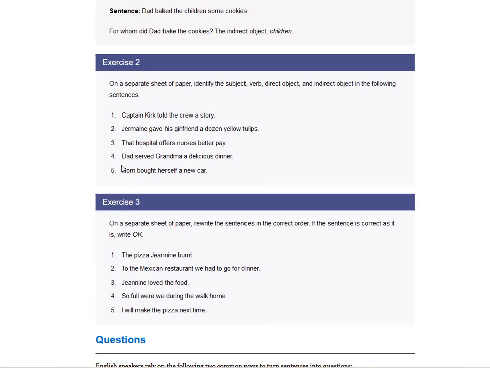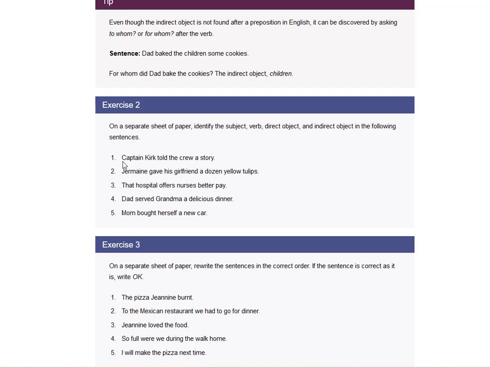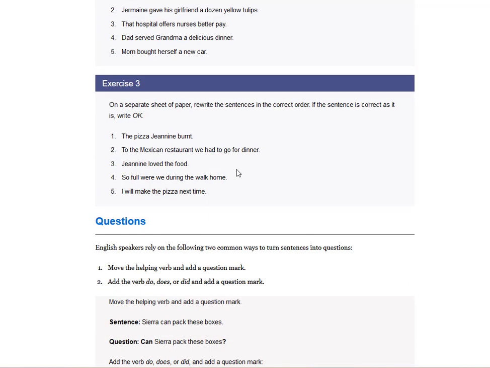Here you have Captain Kirk told the crew a story. So the crew is the indirect object, and a story is the direct object. Jermaine gave his girlfriend a dozen yellow tulips. So Jermaine gave to his girlfriend, that's the indirect object, and a dozen yellow tulips is the direct object.